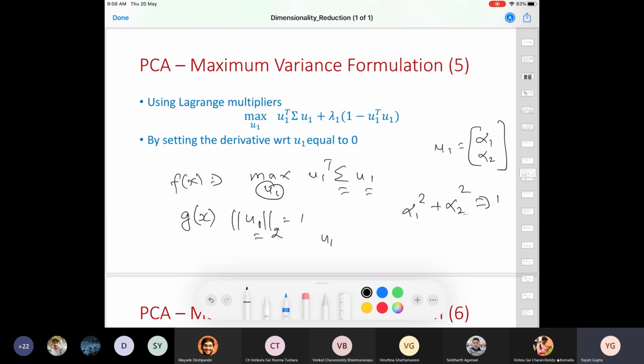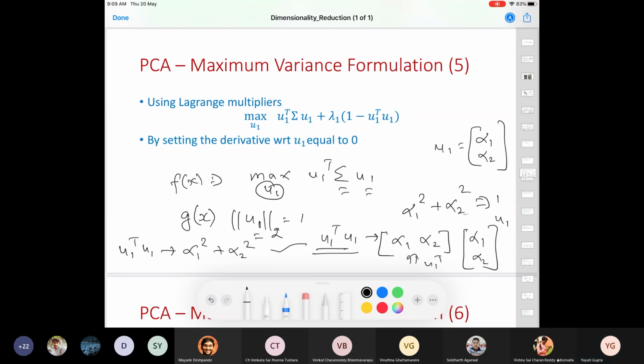If you represent u1 transpose u1, this is alpha 1, alpha 2, your u1 transpose, and this is your u1. If you compute this, you get alpha 1 square plus alpha 2 square, because alpha 1 gets multiplied with alpha 1 and alpha 2 with alpha 2. That is how I can write this as u1 transpose u1.